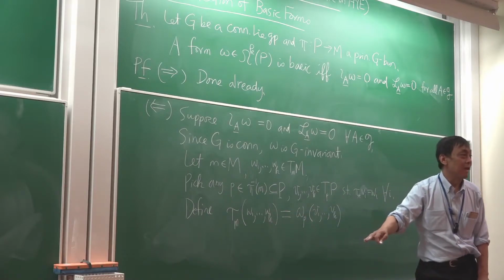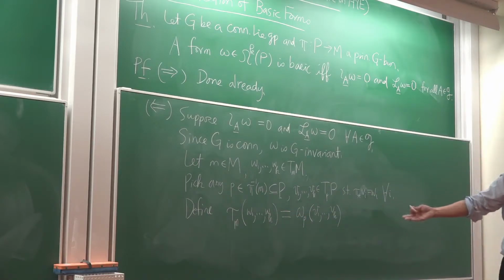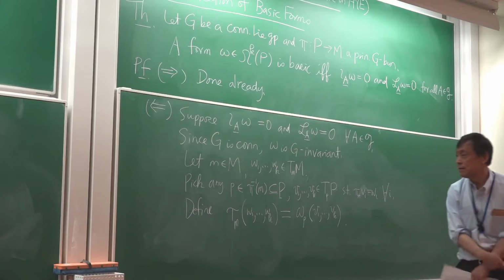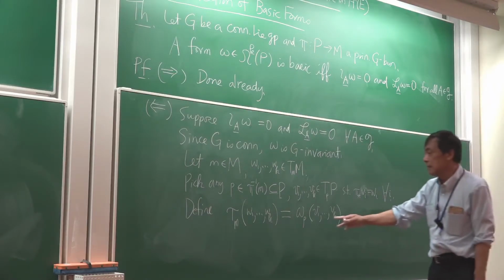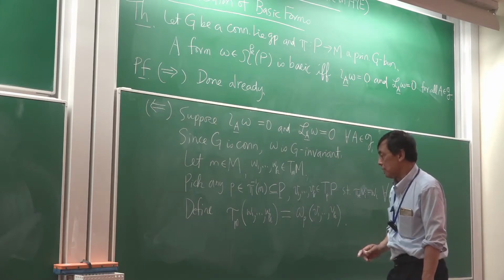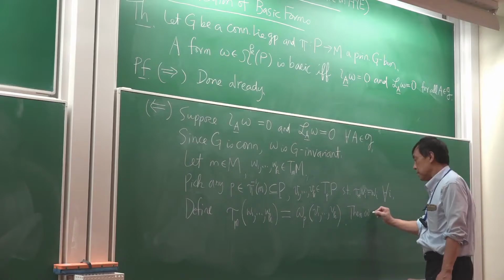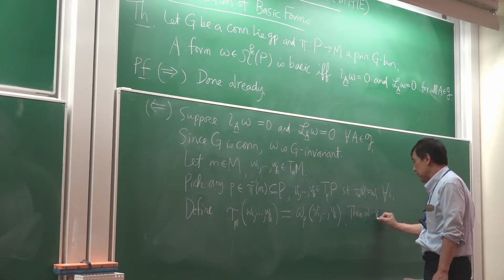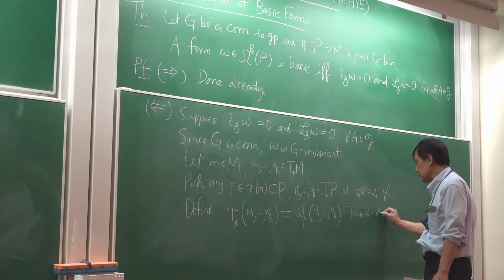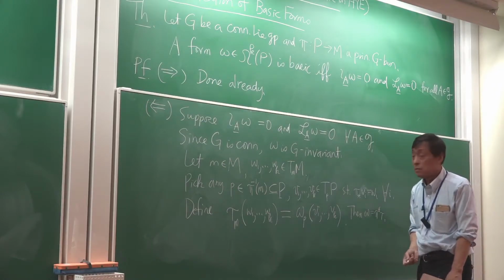Okay? And so this gives you a form downstairs. Now, what do you have to show after you make this definition? You see, this then says that omega is equal to the pullback. Right?